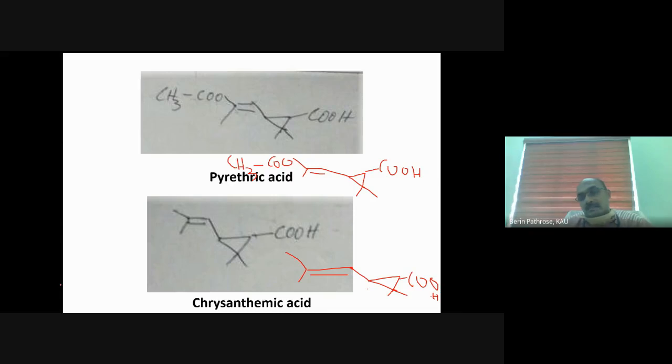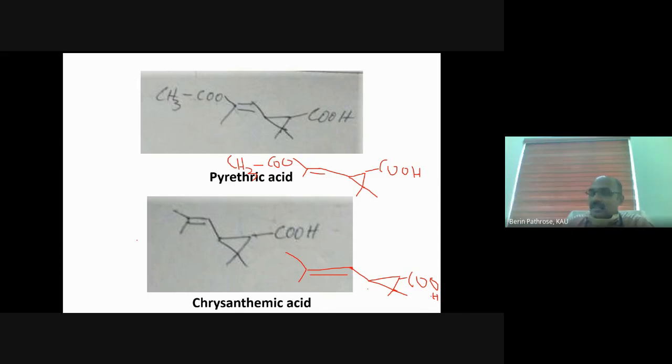Chrysanthemic acid has the basic structure, and pyrethric acid has a CH3OOC, a methyl ester group, attached to one side chain. So this is how the pyrethric acid and chrysanthemic acid structures look.